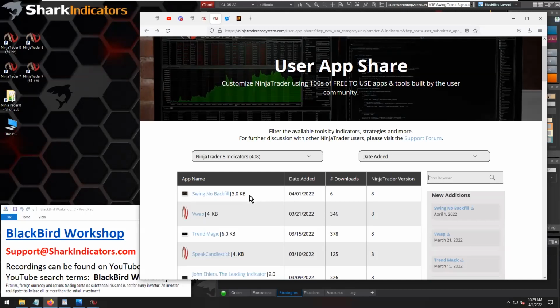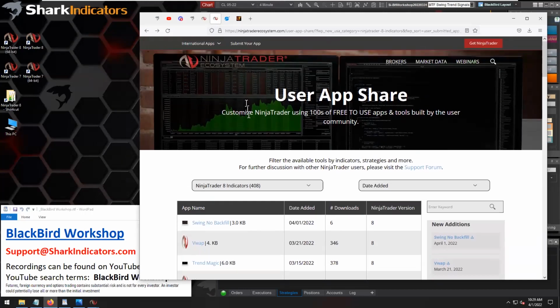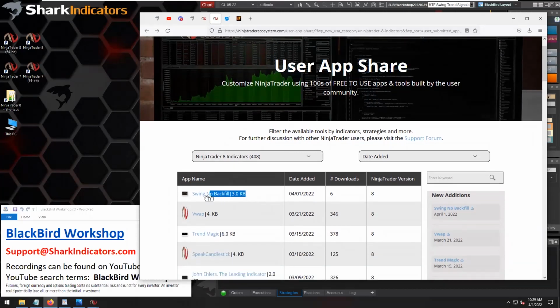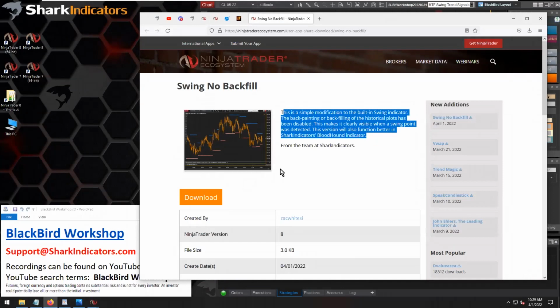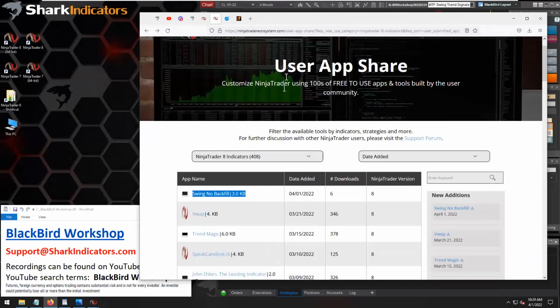If you go to NinjaTrader's user App Share section, you can see it right there, listed for everybody to download, with a short description and a screenshot. All right, good. So there's an easy place to get a hold of that indicator.